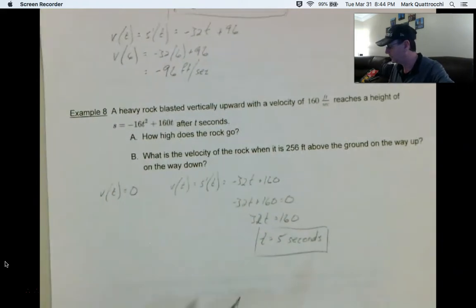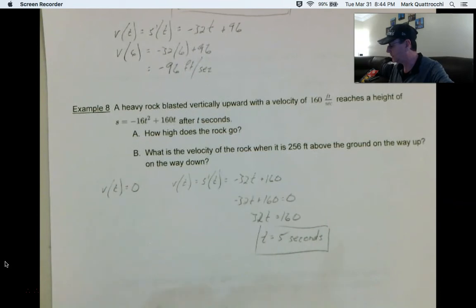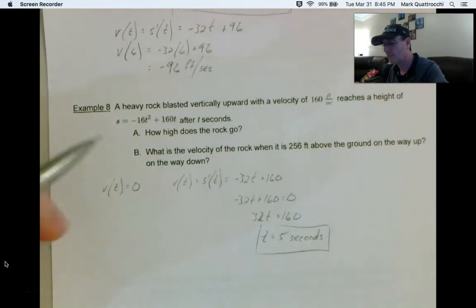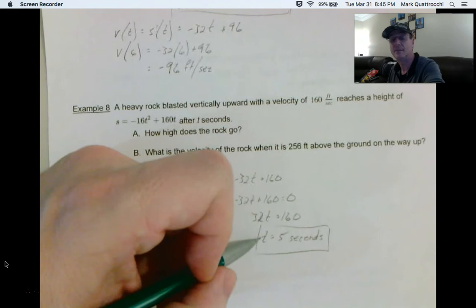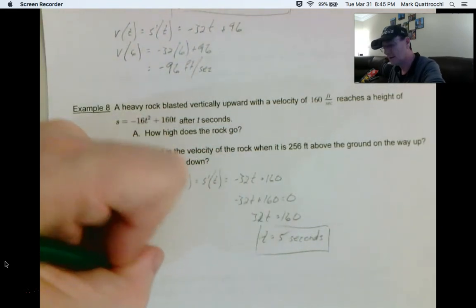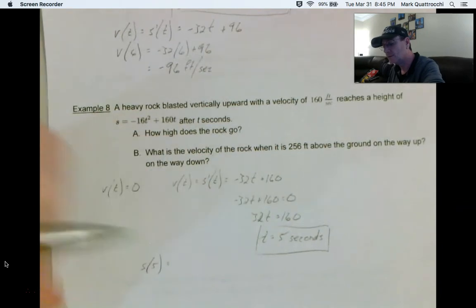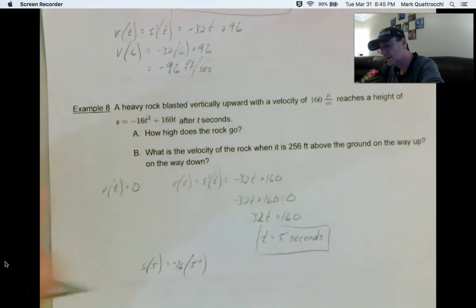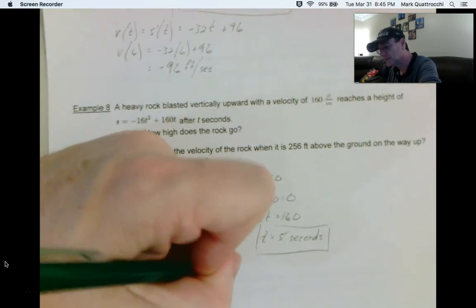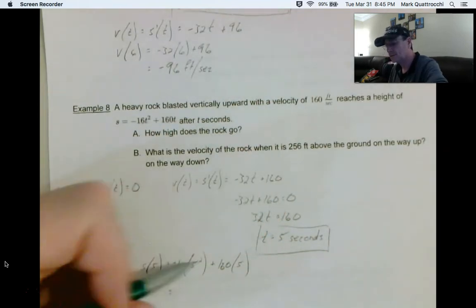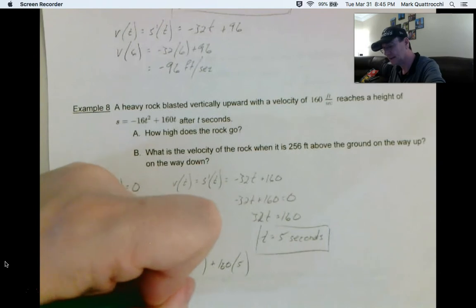It doesn't ask. Oh, it does. How high does the rock go? So that's when it hits the max height. So S of 5 equals negative 16 times 5 squared plus 160 times 5. 5 squared is 25 times negative 16 is negative 400.